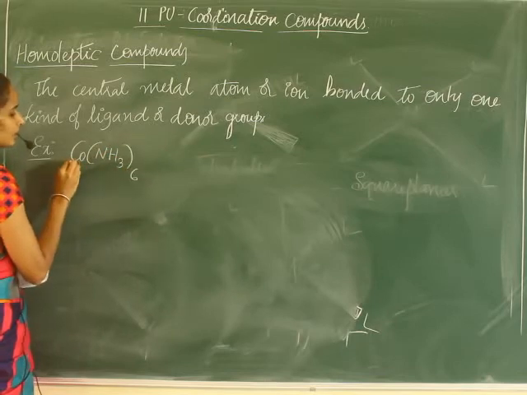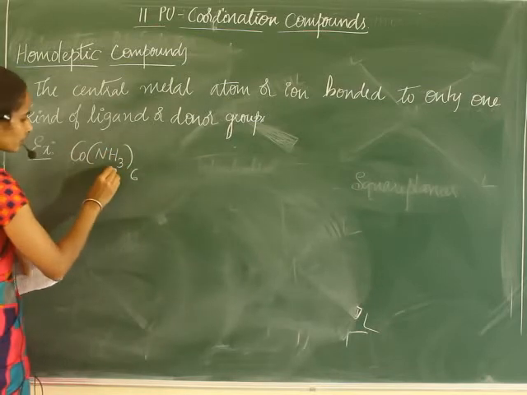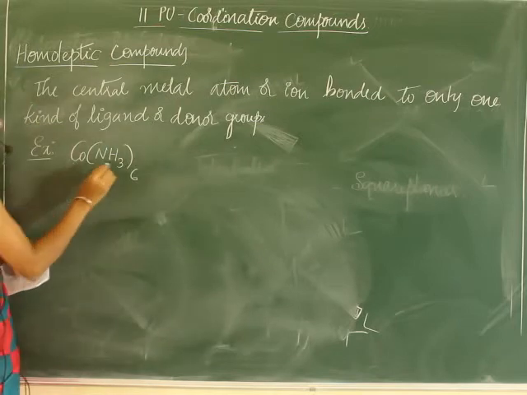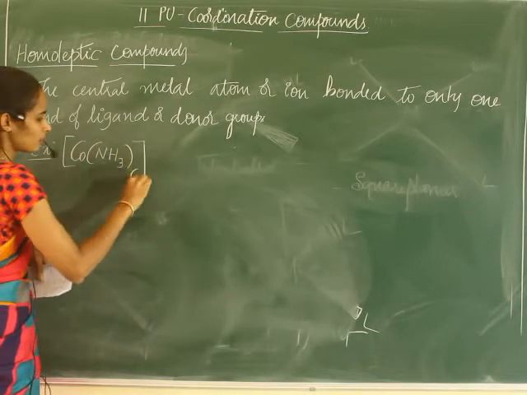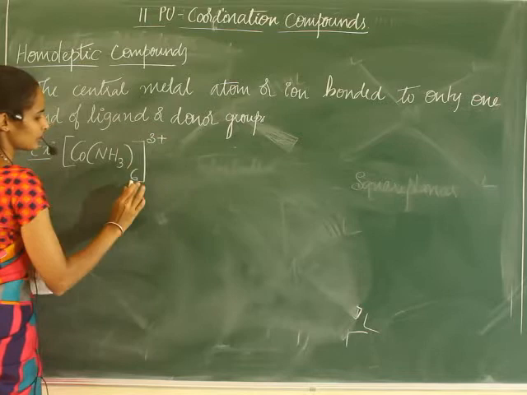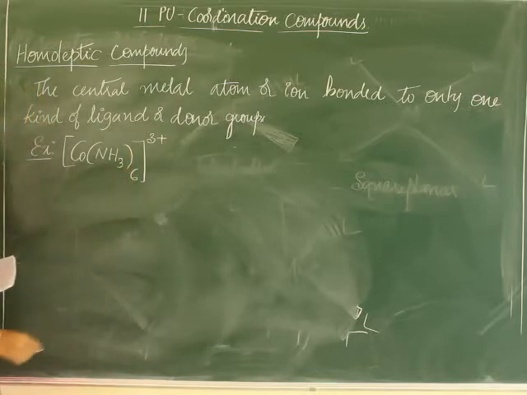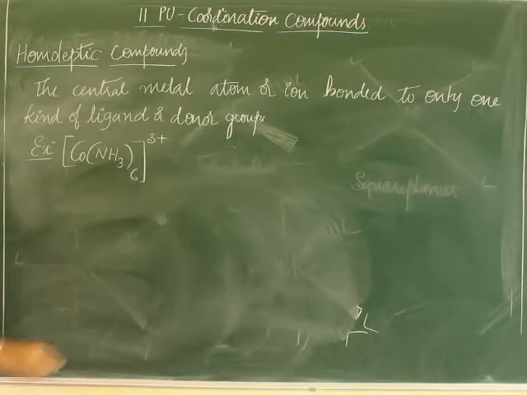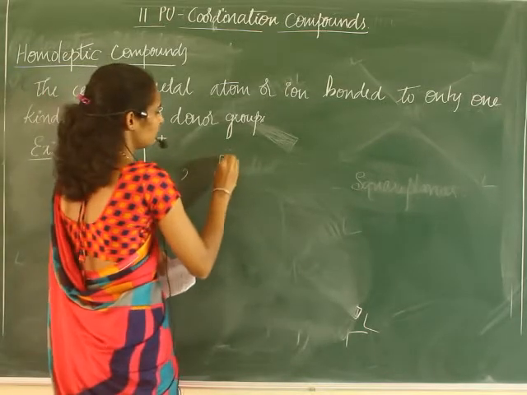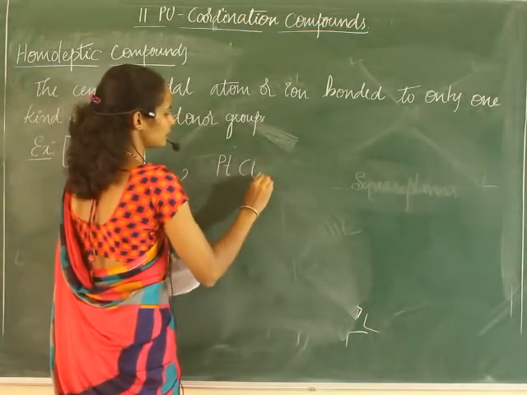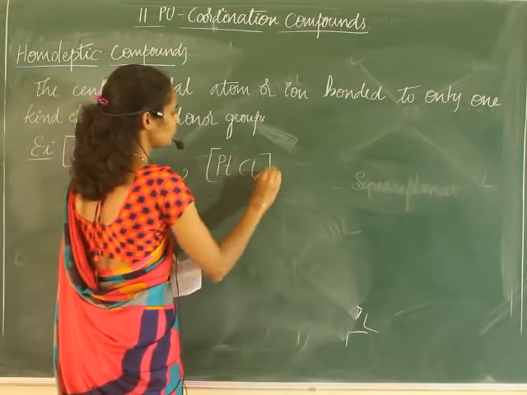Example, cobalt NH3 6, 3 plus. See, this central atom is cobalt, bonded to 6 ammonia molecules. It's a cationic part, okay, complex ion. Or PtCl4 2 minus.